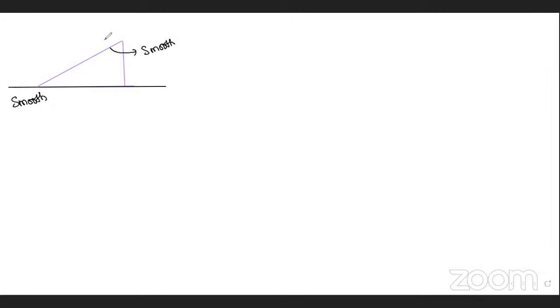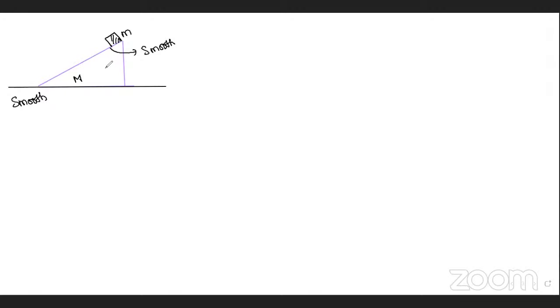Here on the inclined plane, I placed one block, whose mass is small m, and the wedge mass is capital M. Since it is smooth, immediately after placing, it slides down. When it slides down, what happens?